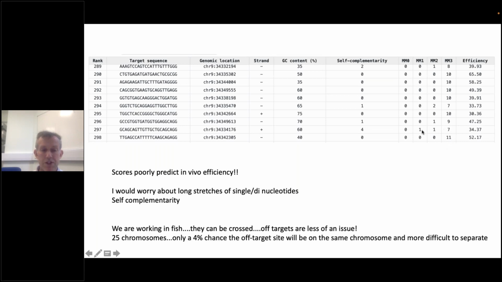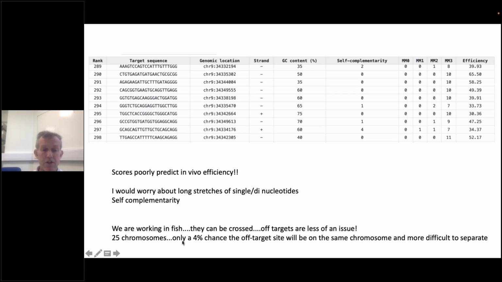And that is because we are working in zebrafish. Zebrafish can be crossed after you've injected guides. And that means that if there are off-target mutations, you can clean them away from the mutation of interest by crossing them out to wild-type lines. And zebrafish have 25 chromosomes.